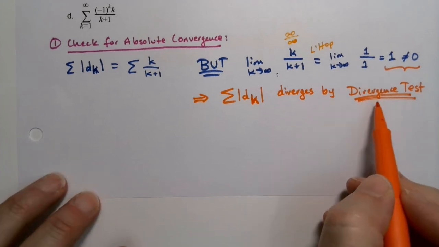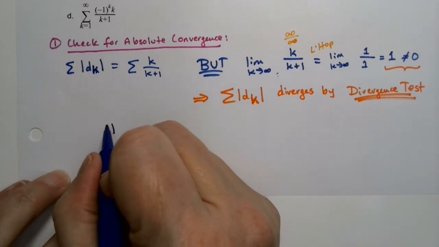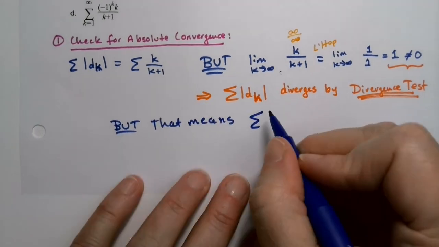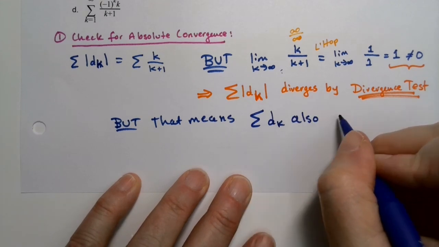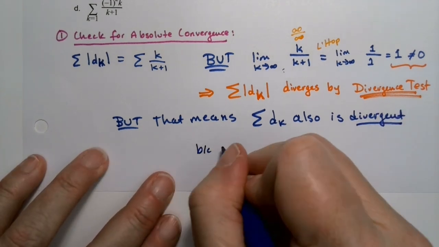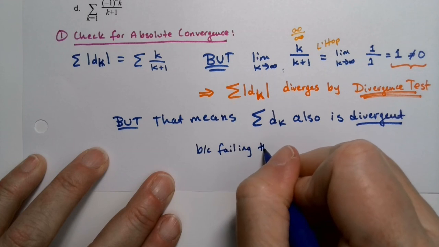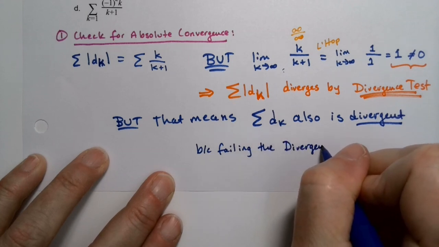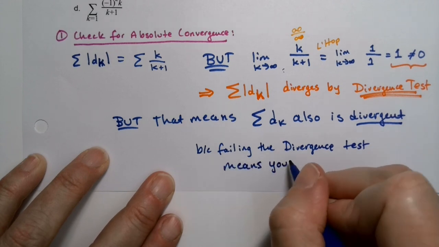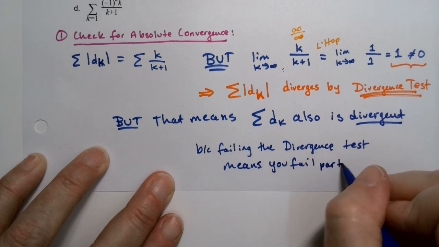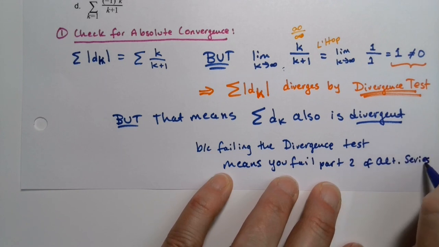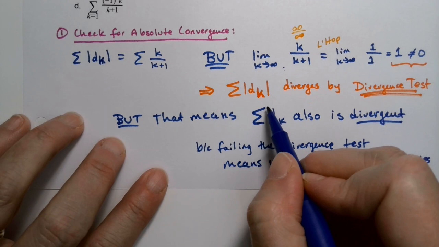So if you fail the divergence test, that means that the series d k also is divergent, because failing the divergence test means you fail part 2 of the alternating series test. And we're done, right? Our series is divergent.